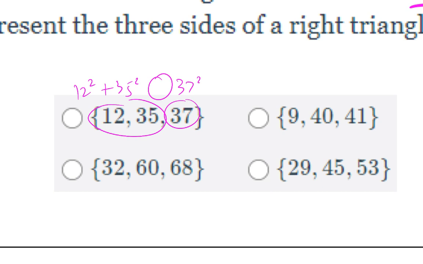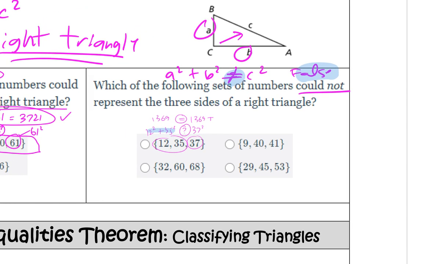Then we would ask ourselves, what is the relationship? If we put 12 squared plus 35 squared into our calculator, it'd be 1369. If we put 37 squared into our calculator, that'd be 1369. Since those are equal, that one is true, but we don't want true, we want false. So this one's not our answer. We want the one that is not true.